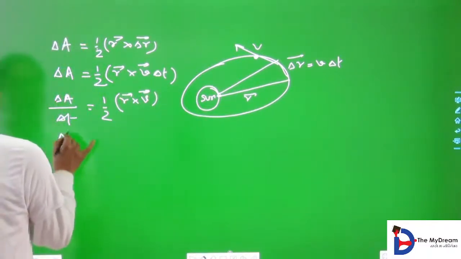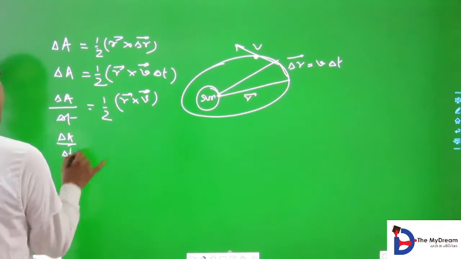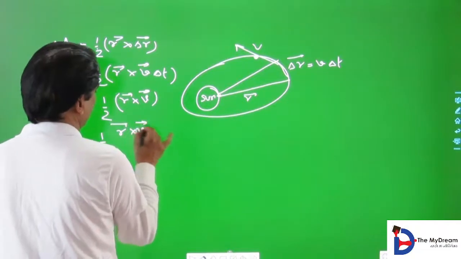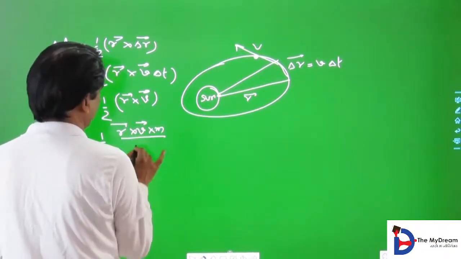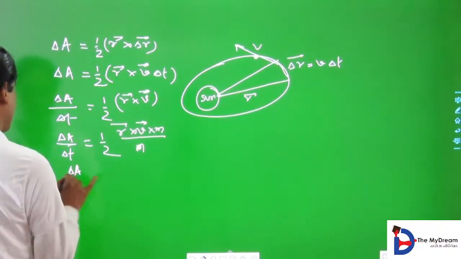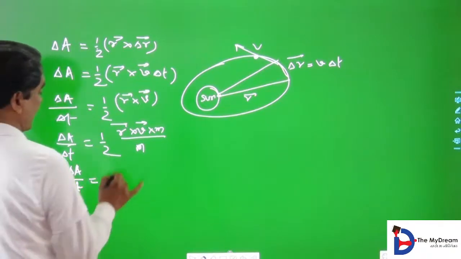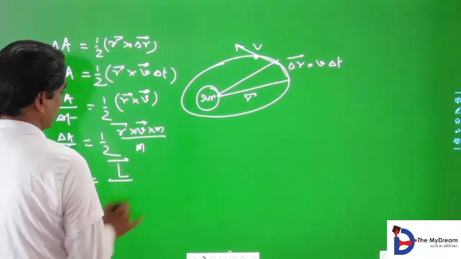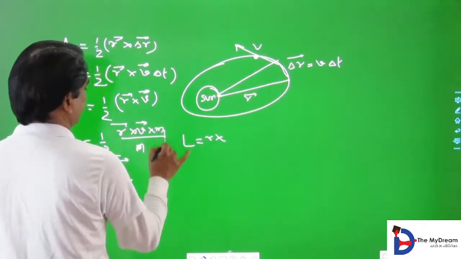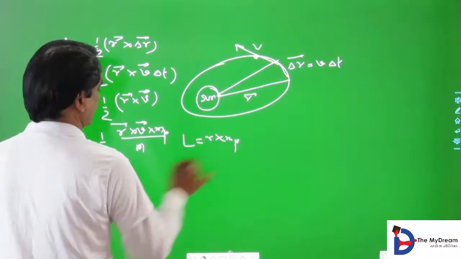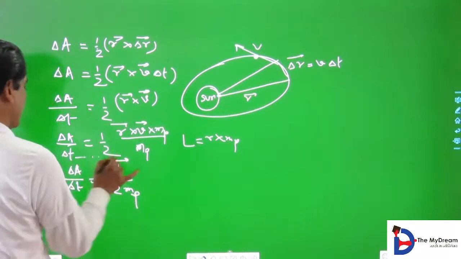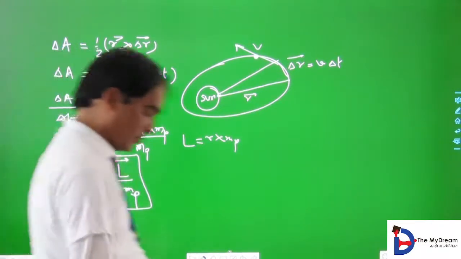If it is multiplied and divided by the mass, then the areal velocity is given by L upon 2m, where L is equal to R cross M_P V. This is the areal velocity, which remains constant.